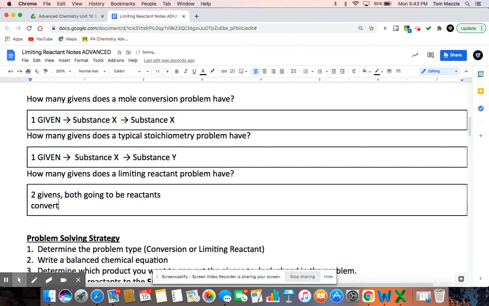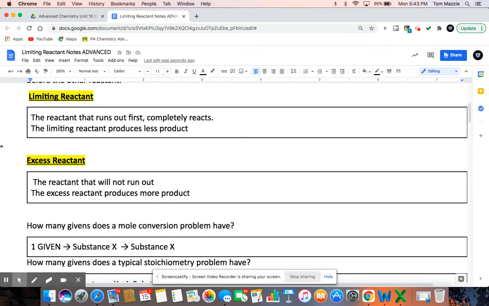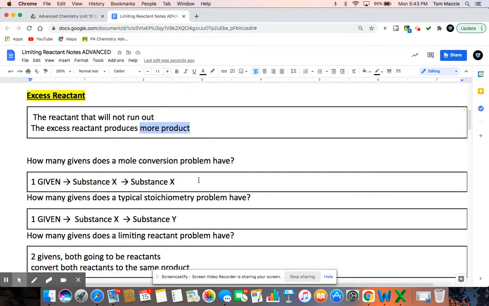We are going to convert both reactants to the same product. And the reason why we are doing this is we want to see which reactant produces less product and which reactant produces more product. That'll help us identify the limiting and the excess reactant.